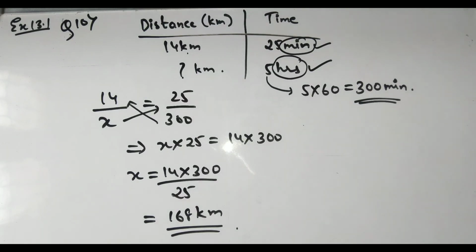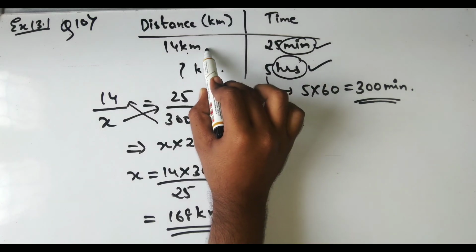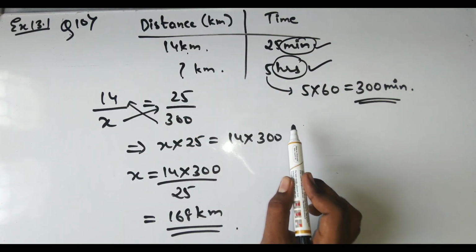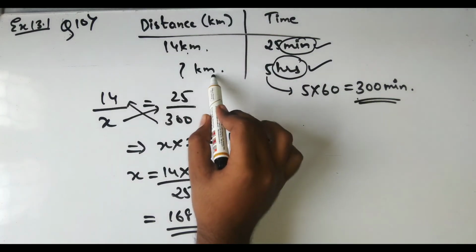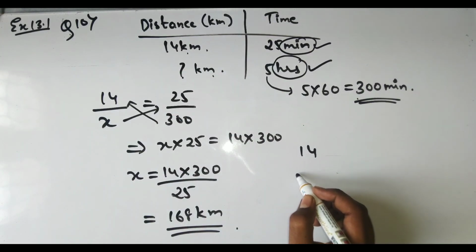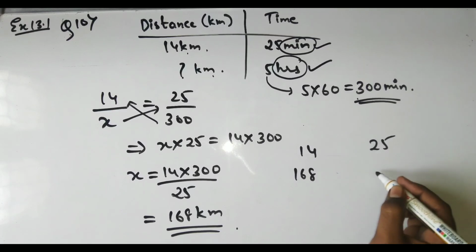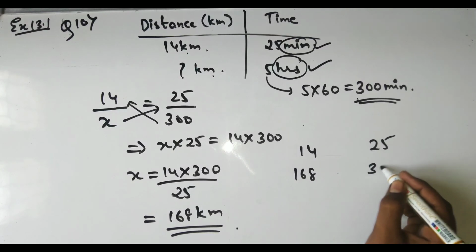The thing is, why it is in direct proportion, you have to think and write. The question may not mention whether it is in direct proportion or not. You have to think and decide. Here you can see in 25 minutes it is traveling 14 kilometer. In 300 minutes it will travel more than that.